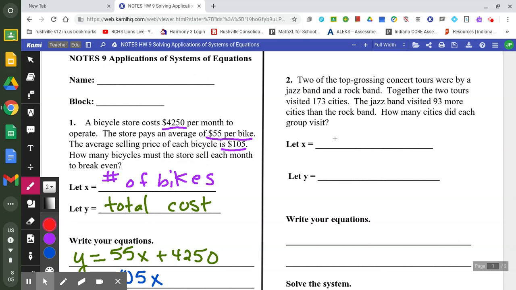Well, first of all, we can say that X will be the number of cities for the jazz band. And then the Y can be the number of cities for the rock band.